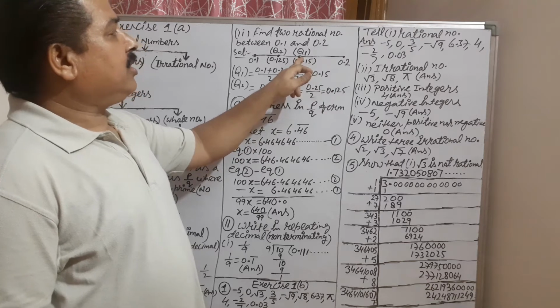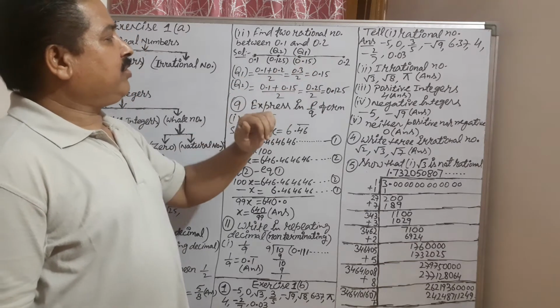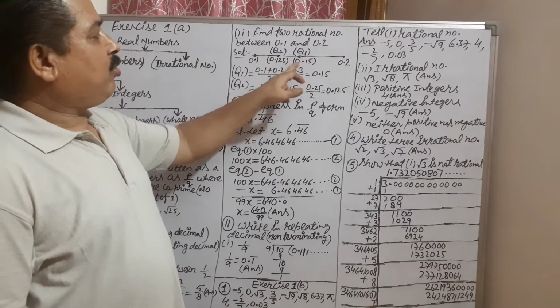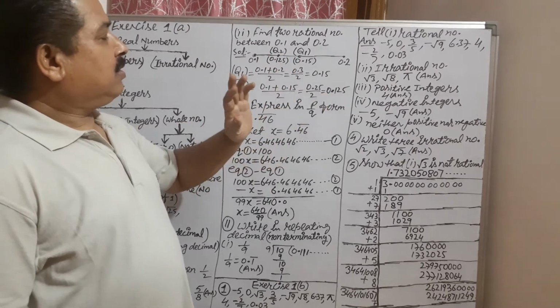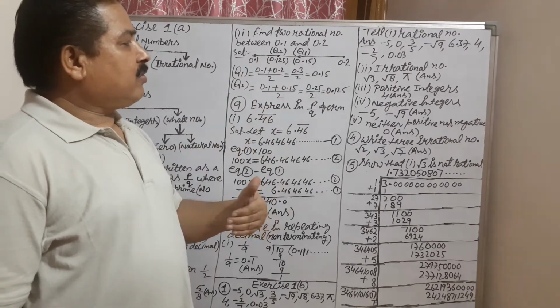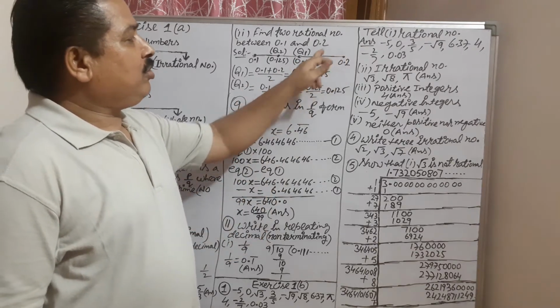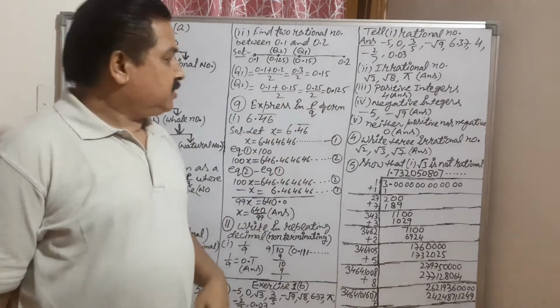This is one of the rational numbers, Q1, the first rational number, 0.15. Now again you can calculate this plus this upon 2, the middle number Q2. Or you can calculate more rational numbers like this. So your answer can vary from this answer.